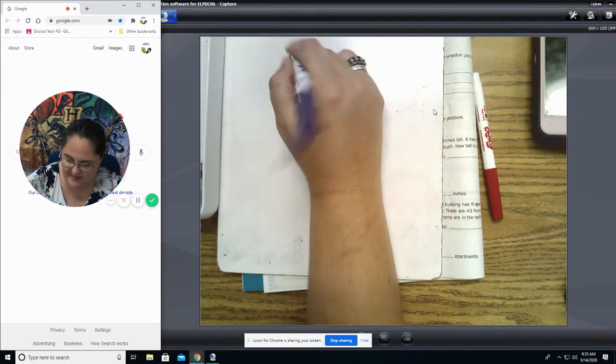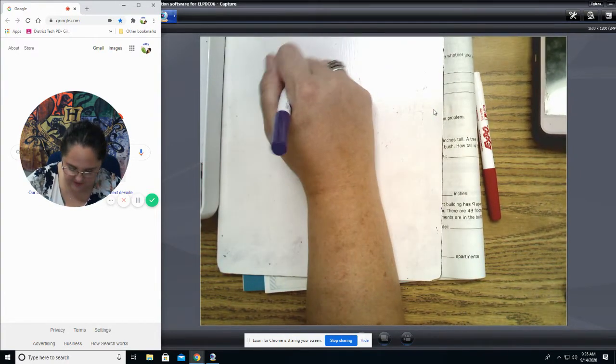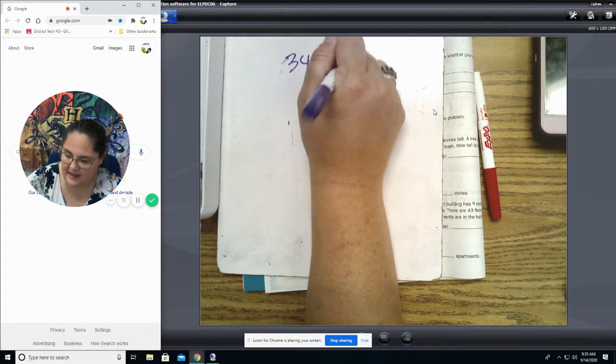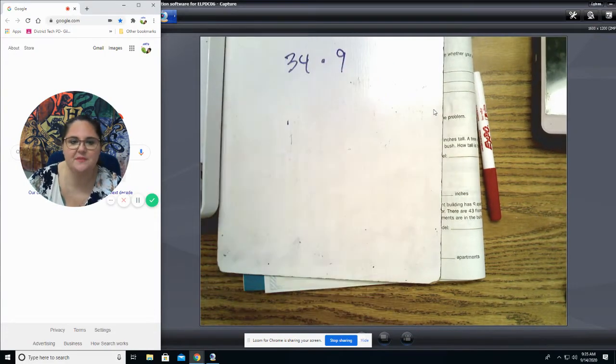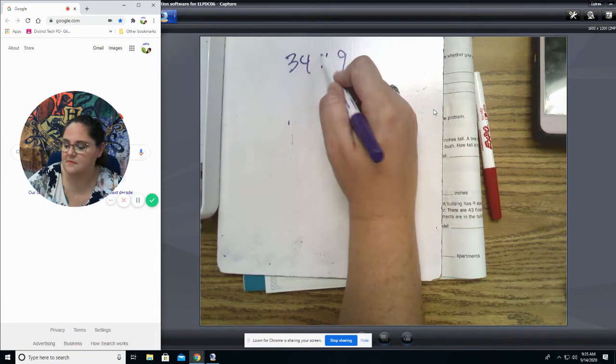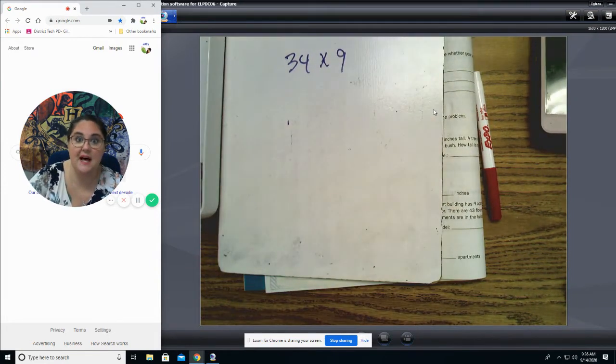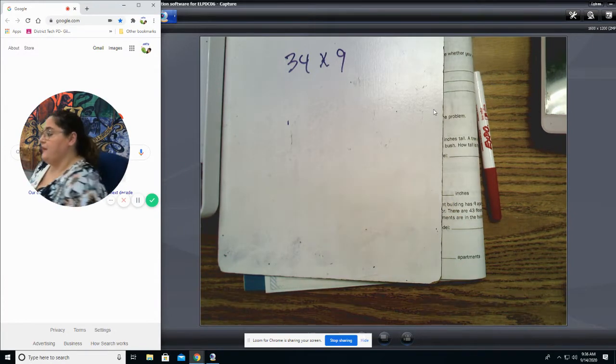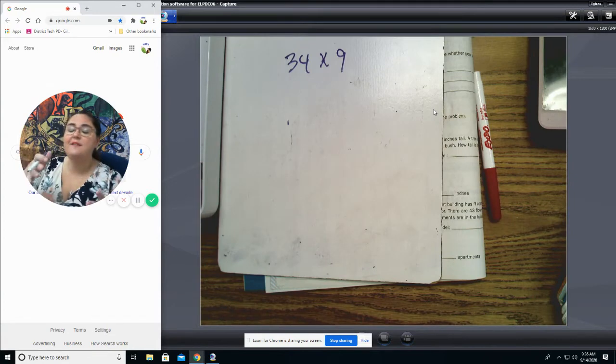So today our math message that we're going to be working on is 34 times 9. You can do this a lot of different ways. What we are going to start with today is traditional multiplication. Now, I know a lot of you from 4th grade are very familiar with lattice.